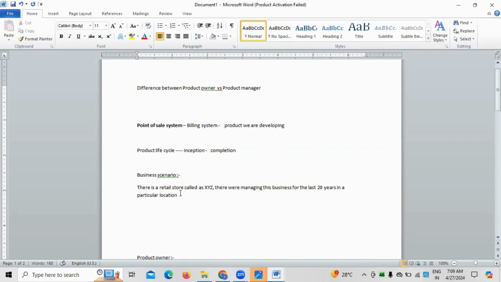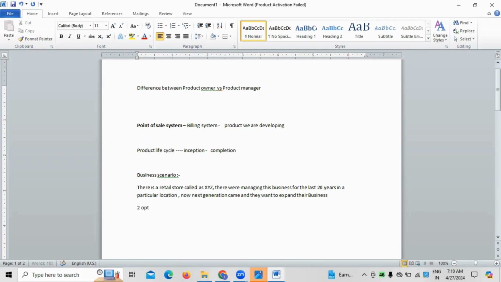Now the next generation came, and they want to expand their business. If they want to expand their business, they have two options, based on the interaction they had.